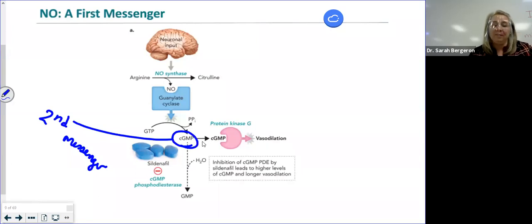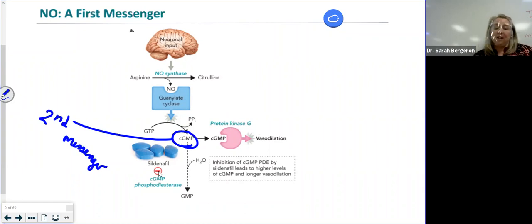Once we have cyclic GMP, it will work on a protein called protein kinase G. When cyclic GMP is activated, protein kinase G is activated, and it will result in vasodilation, which is what we want for people who have heart disease.